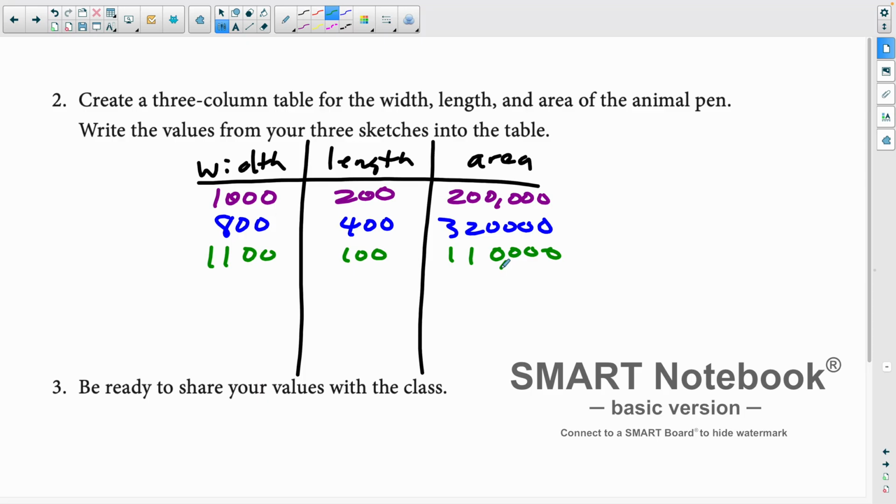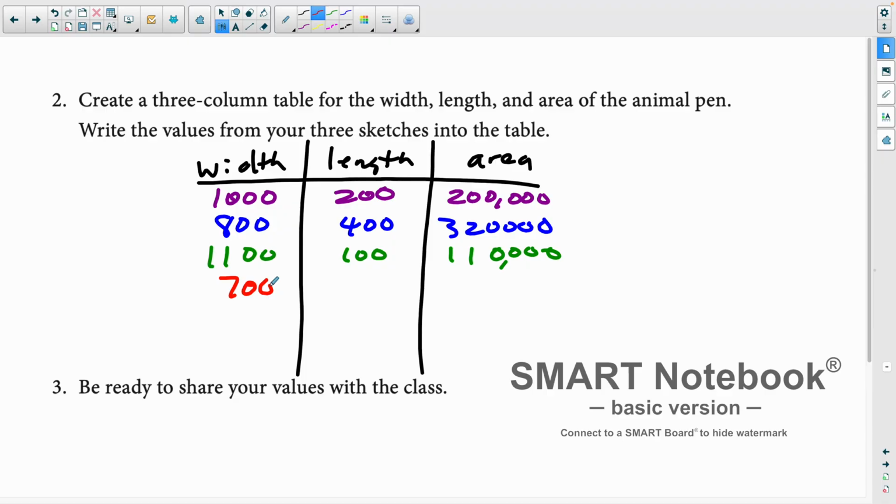Now, let me get a little bit more data from you before we continue. Okay? I picked those 3 a while ago, but anybody else have another rectangle that I don't have up here? Yes, sir? 700 and 500. Okay, 700 and 500.